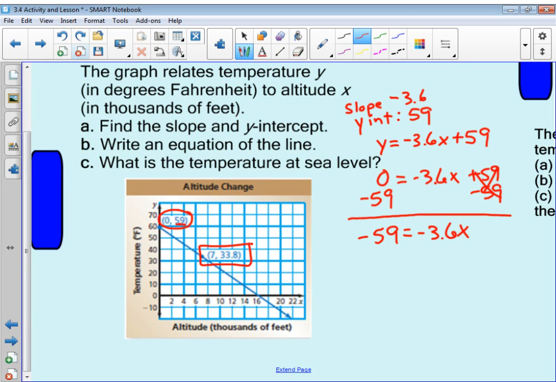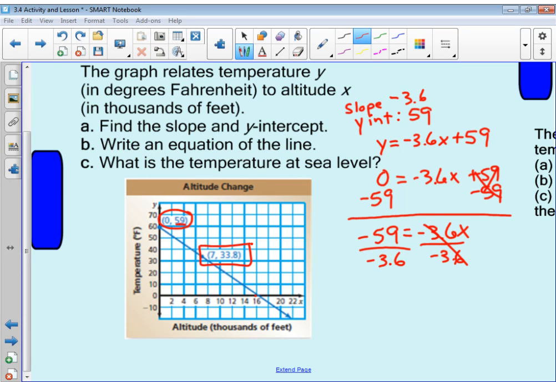And I can see that it's falling between, it looks like it's really close to 16. And maybe it is exactly 16, but we'll double check that, because there's such a big change in the boxes. So now we'll divide by negative 3.6. Divide by negative 3.6. So 59 divided by 3.6.